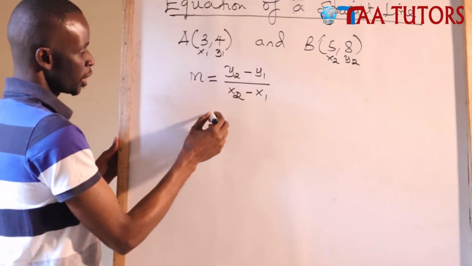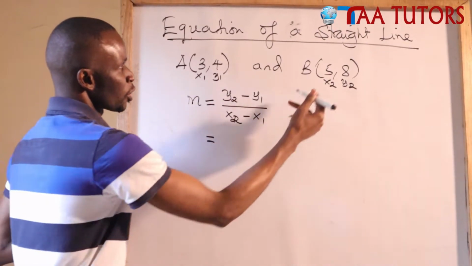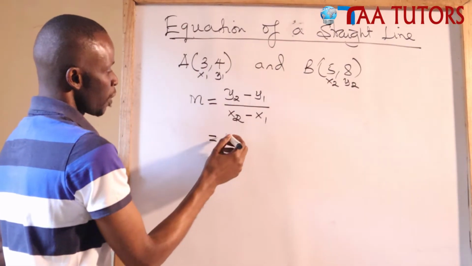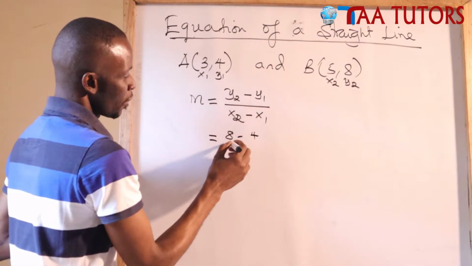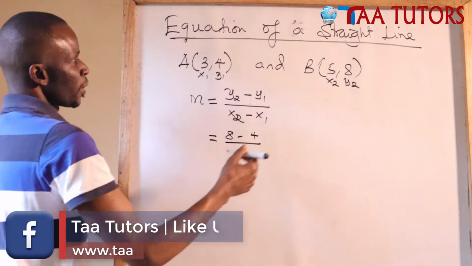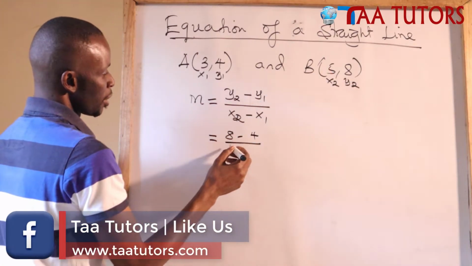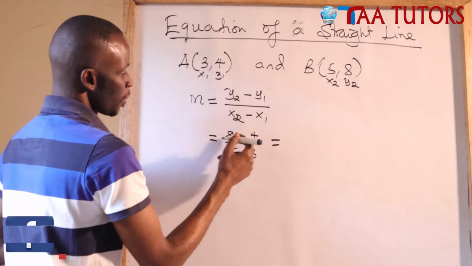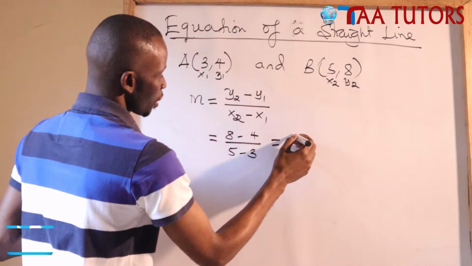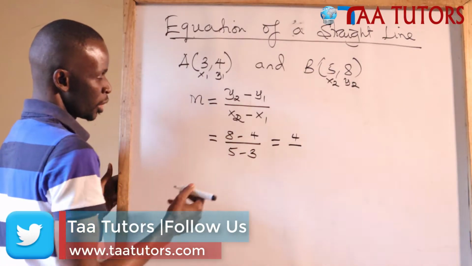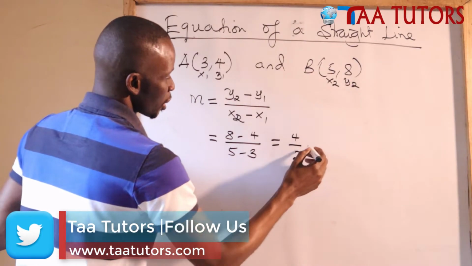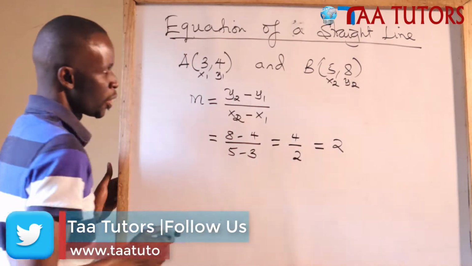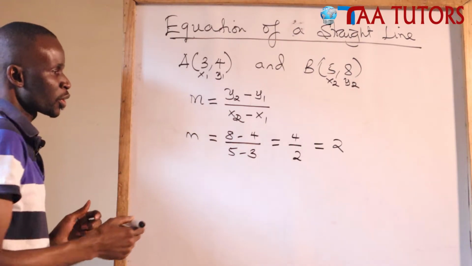To get the gradient of this particular line, we subtract 8 minus 4, divided by our x2, which is 5 minus 3. That gives 4 divided by 2, which is 2. So the gradient m of this line is 2.